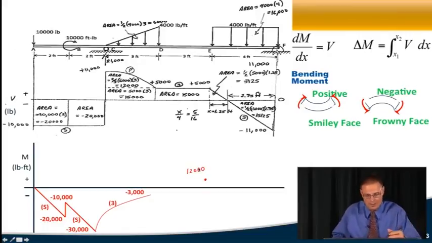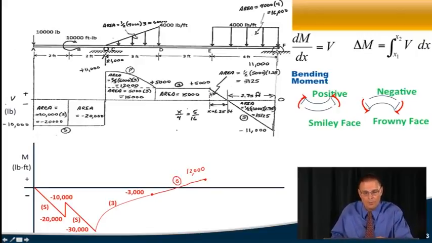And this is obviously not quite to scale, but I'll do my best. The slope of the moment diagram is equal to the value of the shear, which is constant all the way along, and it's positive. So we're going to have a constant slope from here to here. So that's a straight line.